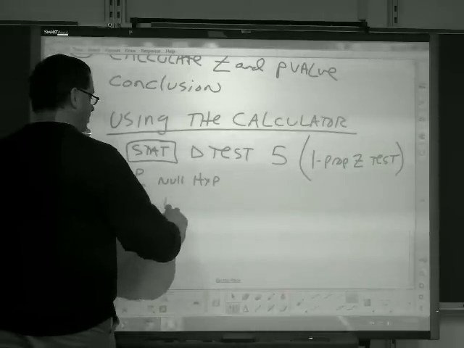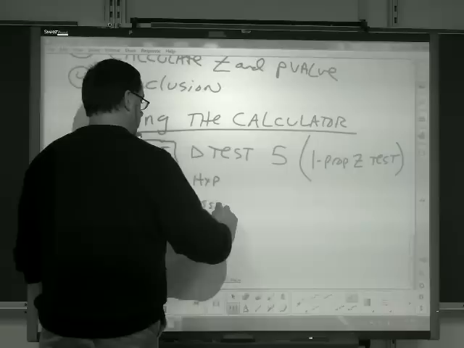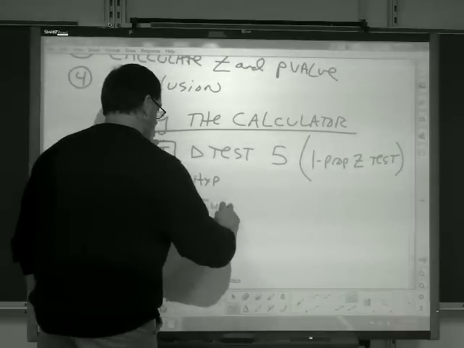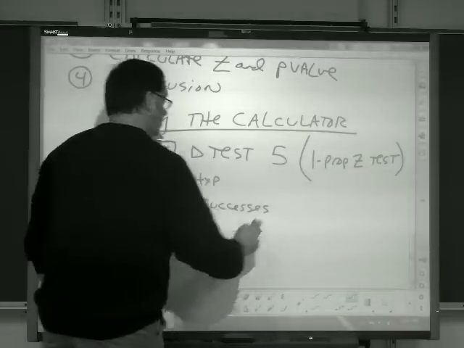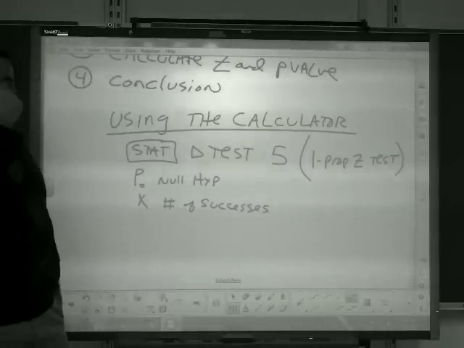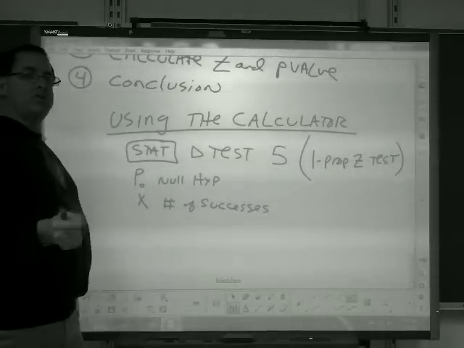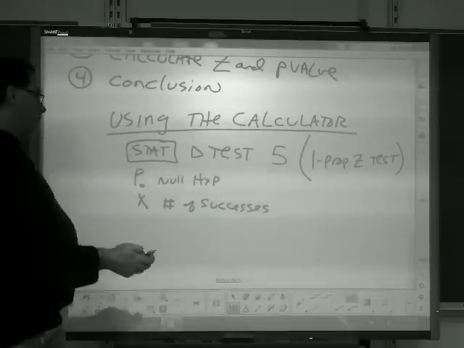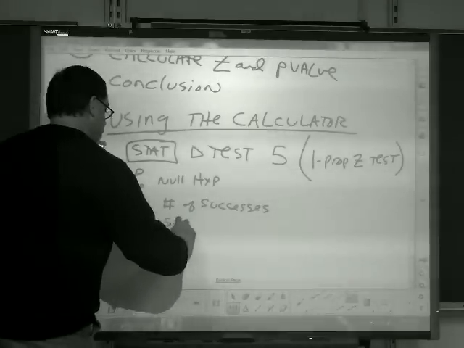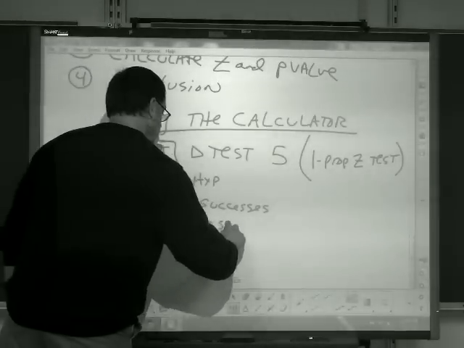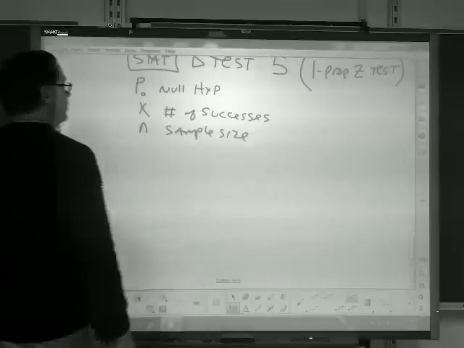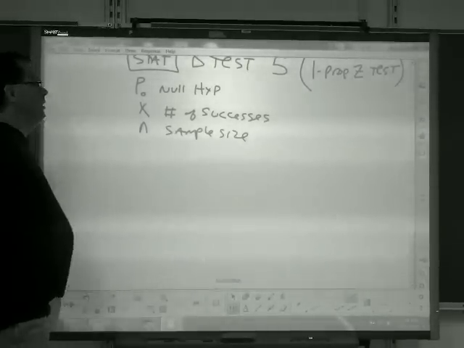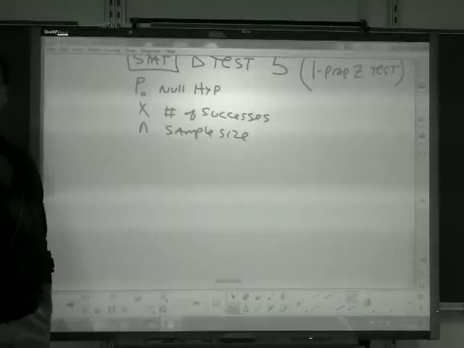It says x, which is the number of successes, and remember, that cannot be a decimal. So if they give you a percentage of the total, you have to round it and make it a whole number. n is the sample size. And then you have to pick the right alternative and then hit calculate. Okay?